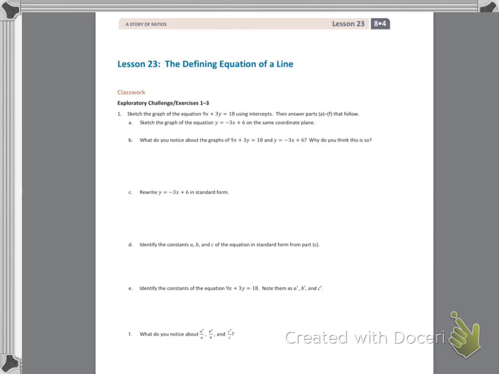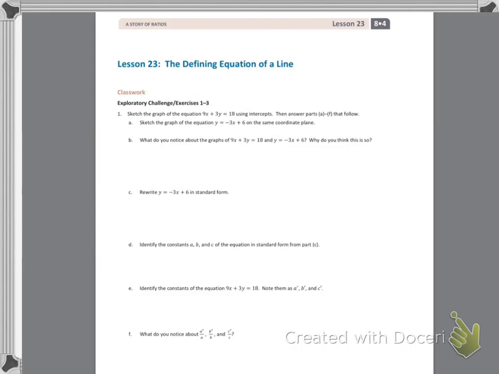Okay, so these first exercises, if we were in class, we would do them all together and be discussing them. But as it is, I'm going to have you work through exercise 1 first. And if you feel comfortable, and you should, we're not really doing anything different here as far as graphing and manipulating equations to change them into different forms. So you should be comfortable.